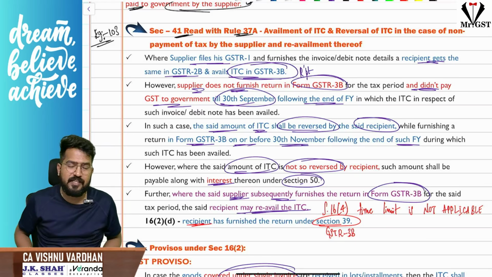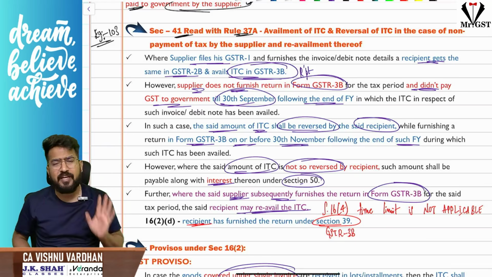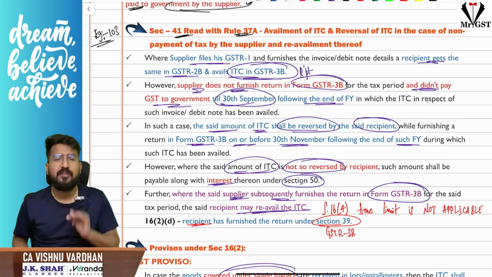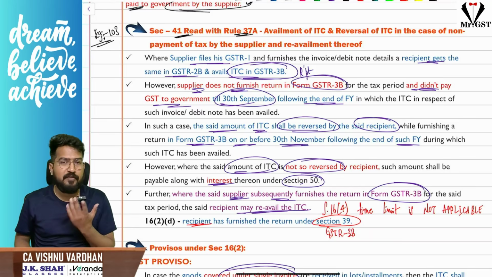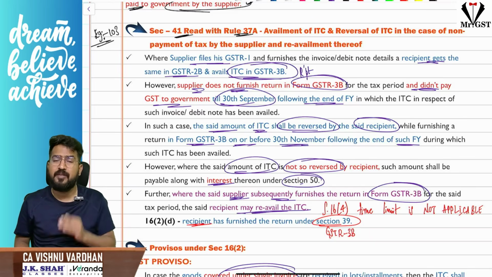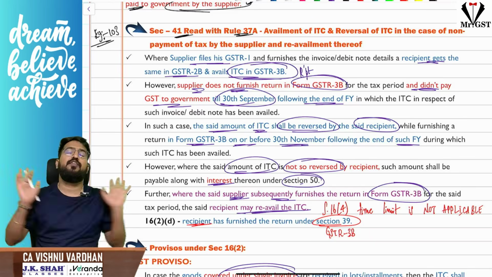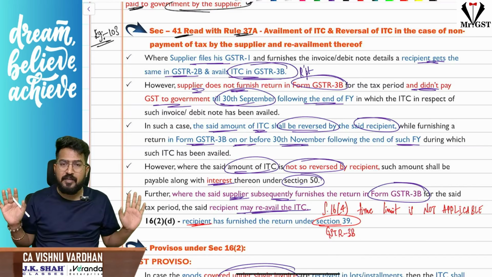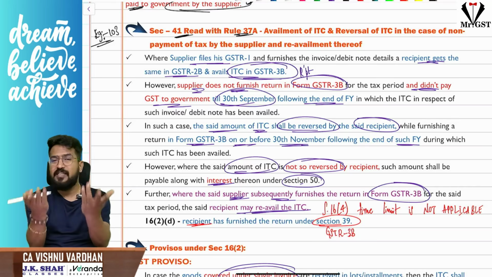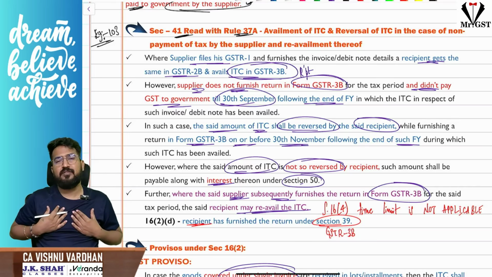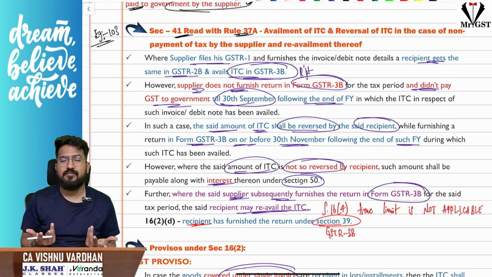So what the law is saying here is, the recipient, you have taken ITC because it reflected in 2B. Why did it reflect in 2B? Because your supplier filed GSTR 1. But whether your supplier has filed GSTR 3B, that you please check. If that fellow has not filed his GSTR 3B by 30th September of the succeeding financial year, whatever ITC I gave to you, please give it back to me, because I did not get money from your supplier.